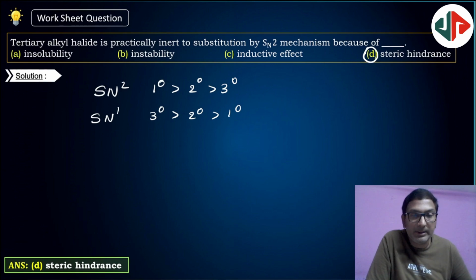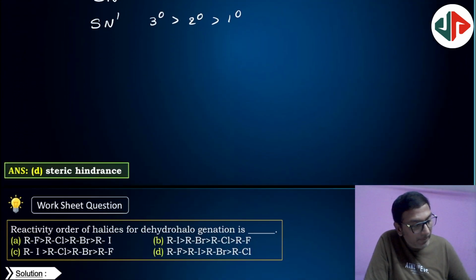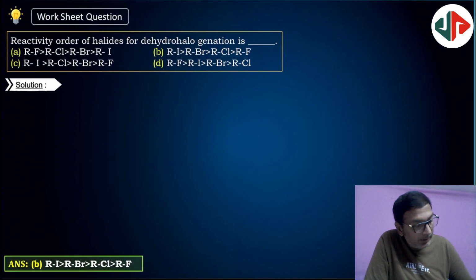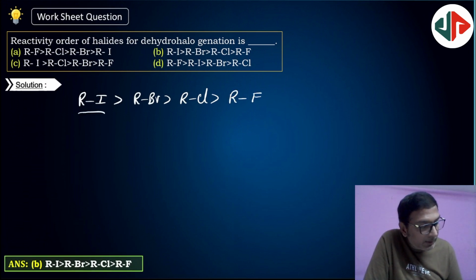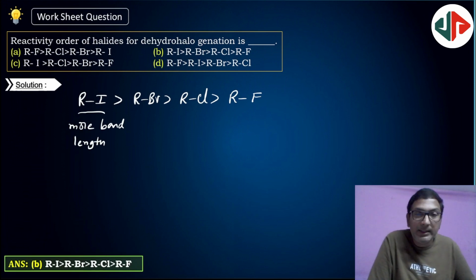Yes, so this is theory only. Next. The reactivity order of alkyl halides: RI, RBr, RCl and RF. Here more bond length means iodine is a better leaving group.